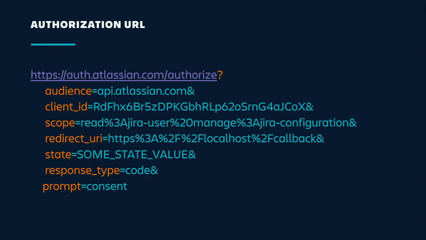That's basically to prevent fake authorizations for your app. There's also a response type code which comes from the spec. That just means that you want an authorization code back. There's prompt consent, which is an Atlassian specific thing. I'll explain that a bit more later.